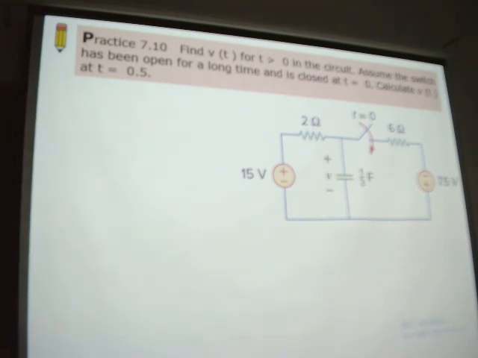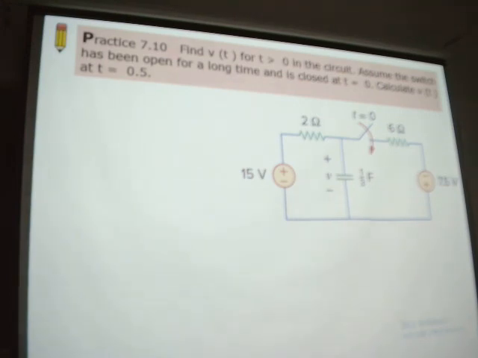You know what is the meaning of fully charged? If the C is fully charged, that means it is fully open. If this one is open, the circuit will become like this. It's the same, right?